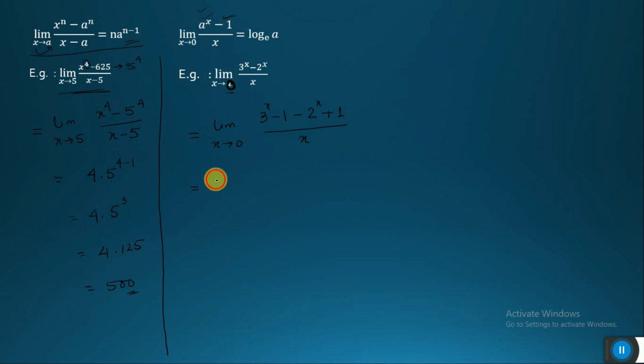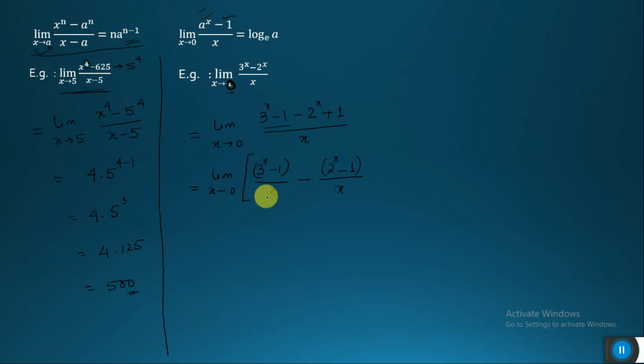So you see here, limit x tending to 0, (3 to the power x minus 1) by x. Can I write? Because x is the LCM for all 4, so I have split it 2 at a time. So I'll take minus common from here. If I take minus common, 2 to the power x will become positive and 1 will become negative. And there is x.